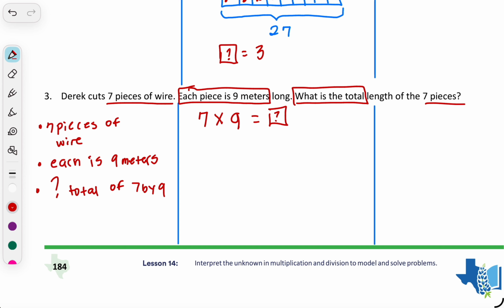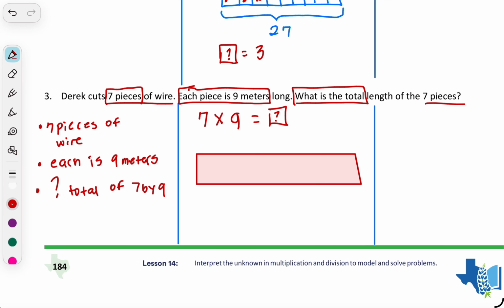So now we're going to draw our strip diagram. Okay, so now that I have my strip diagram, I'm going to set it up into 7 pieces. Why? Because it says 7 pieces, also known as 7 what? Groups. How do we know that 7 is the groups and not the 9?